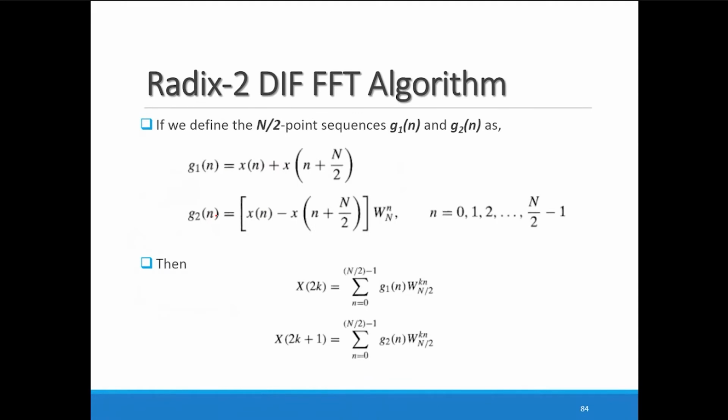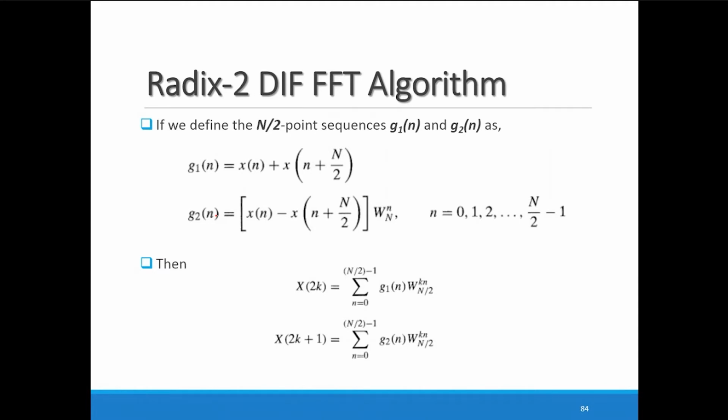Now we assign two new notations for this, G1n and G2n. So G1n is nothing but x of n plus x of n plus capital N by 2. G2n is nothing but x of n minus x of n plus n by 2 into omega n raised to n.